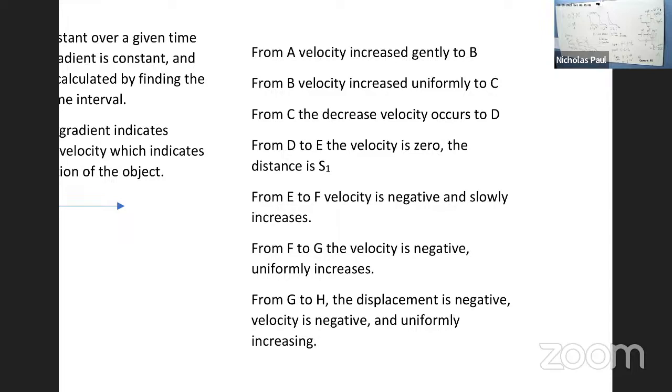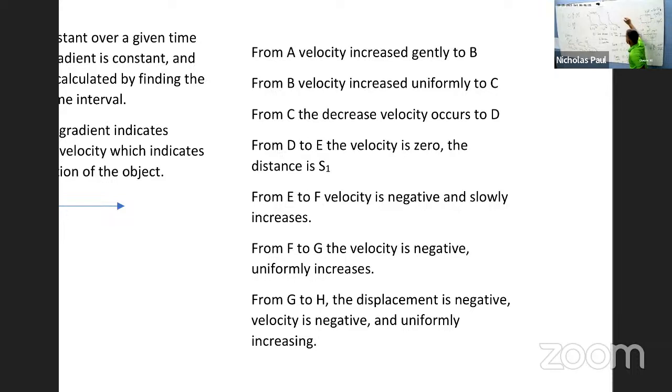And then it says E to F, the velocity is negative. How do you show that? Change the direction, right? They decided to go down a little bit. E to F is negative and slowly increasing. So you're showing your slope starting to increase.